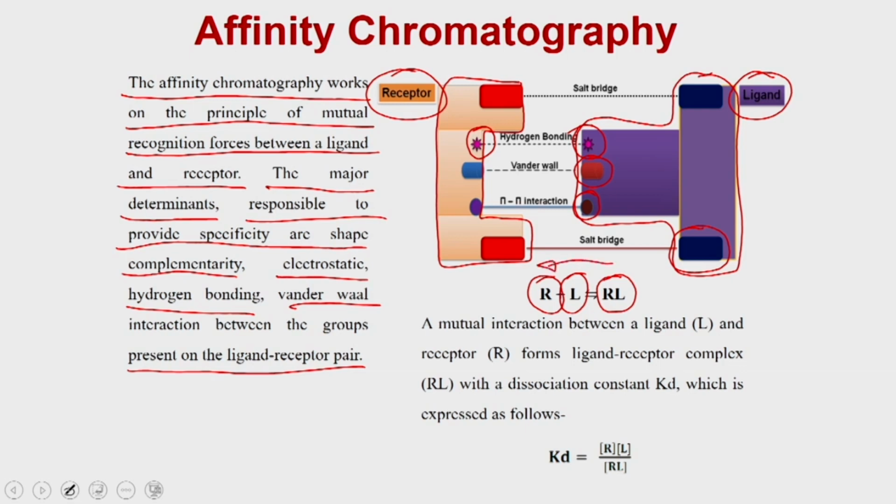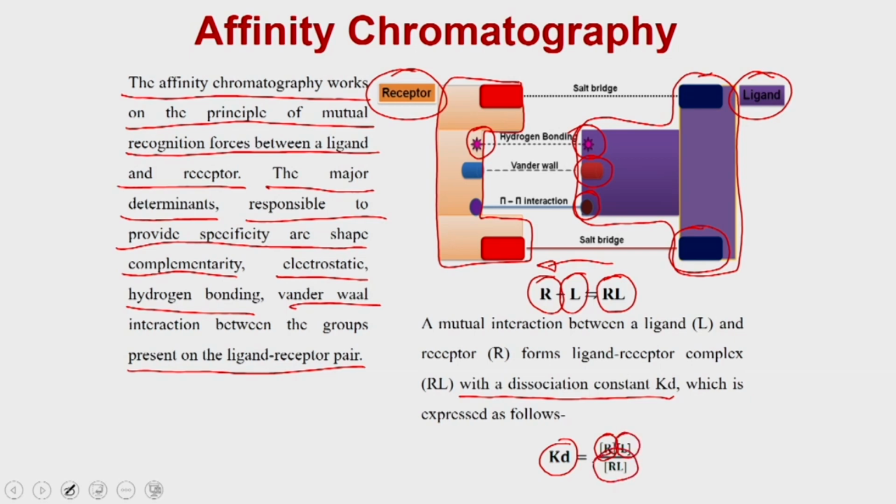That is why this approach can be used in chromatography: if you form a receptor-ligand complex, you can add ligands, and that will break the receptor-ligand complex to give you the receptor plus ligand. The dissociation constant of this interaction, Kd, is equal to the concentration of R times the concentration of L divided by the concentration of RL.